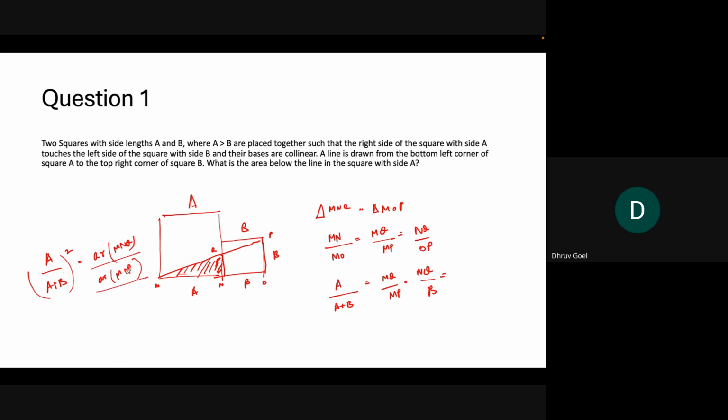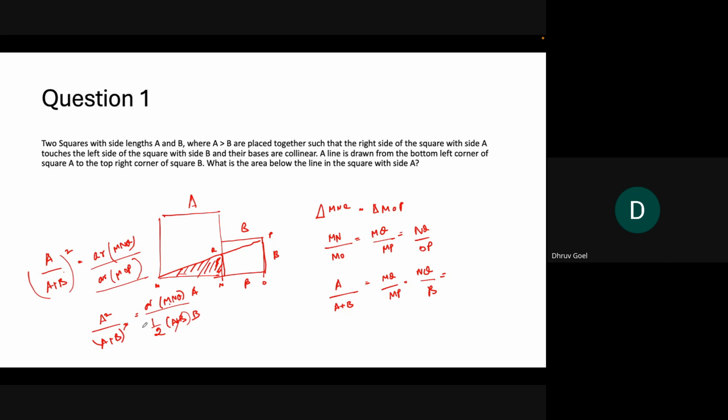The best part is I know the area of MOP. If I apply the concept of a right angle triangle, the area is half into base into height. So A square upon A plus B whole square is equal to area of MNQ upon half into A plus B into B. From here, A plus B will cancel.